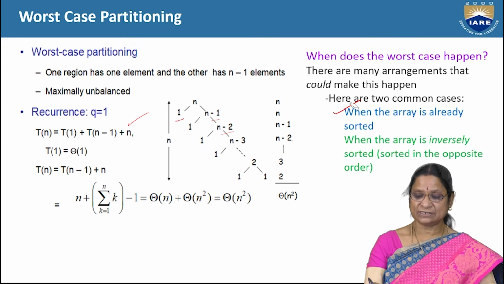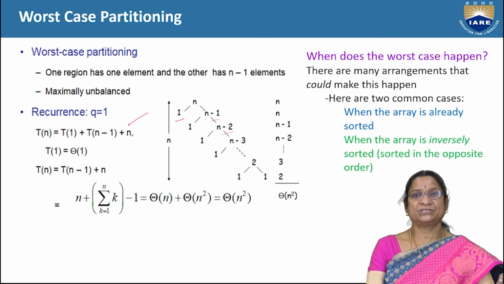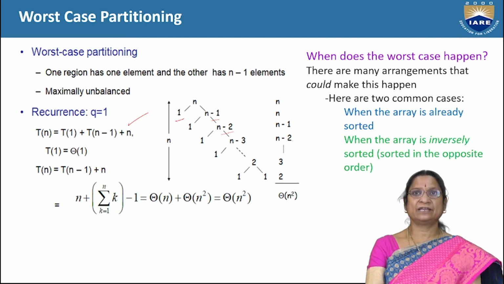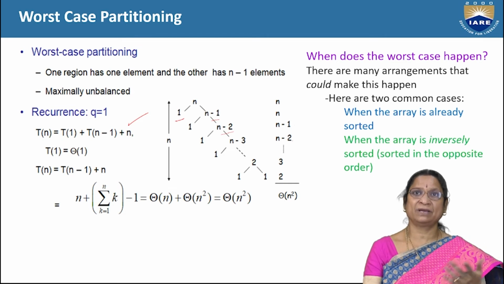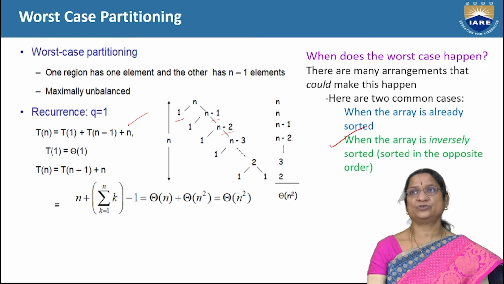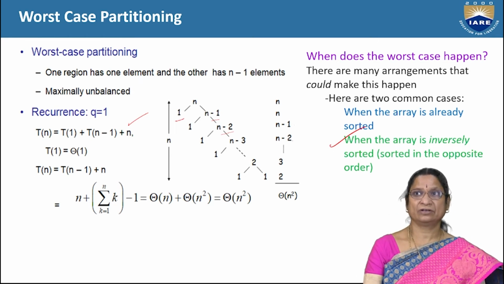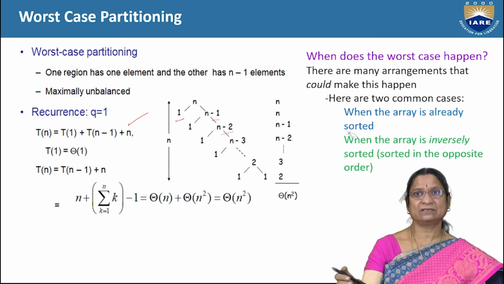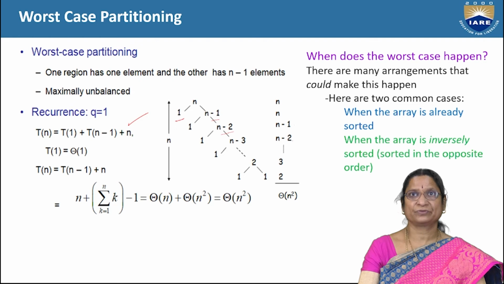Always partitioning into two partitions generates one element in one partition and the remaining elements in the other partition. Similarly, another situation is when the array is inversely sorted. Array elements are in opposite order, and it happens like that only: n minus 1 elements in the first sublist, 1 element in the second sublist, and so on and so forth.